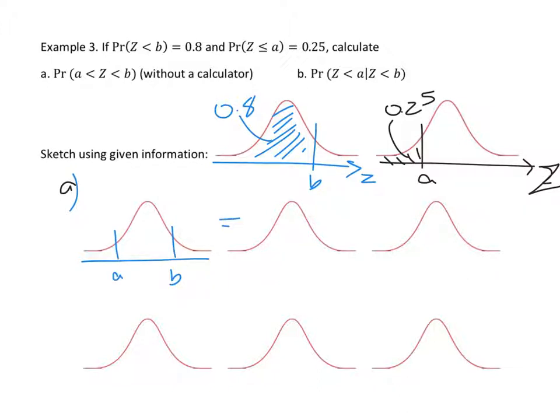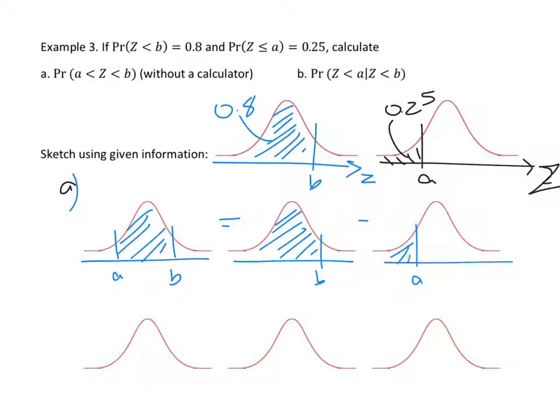And I can actually say that the area between a and b is the same as the area to the left of b minus the area to the left of a. So that equals 0.8 minus 0.25, which is 0.55 for part A.